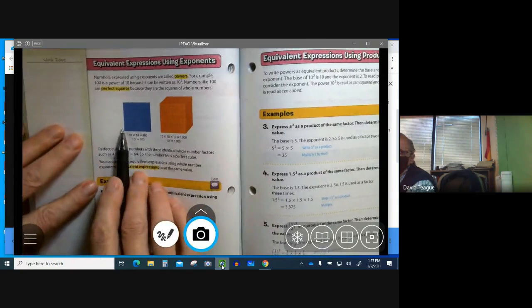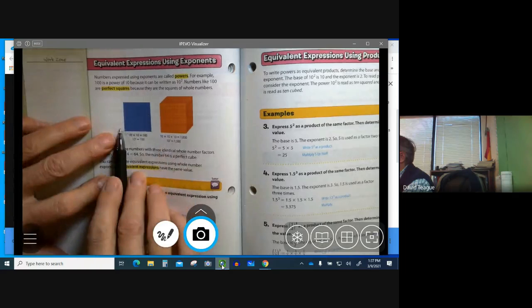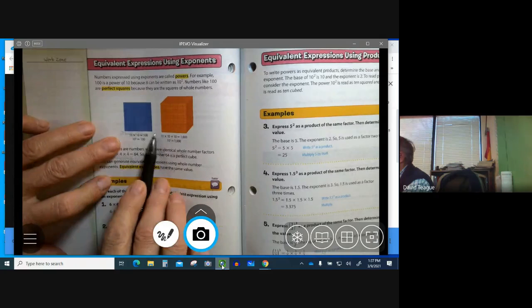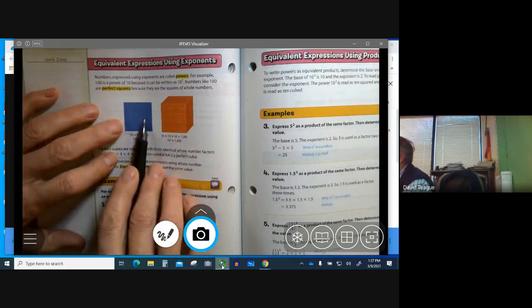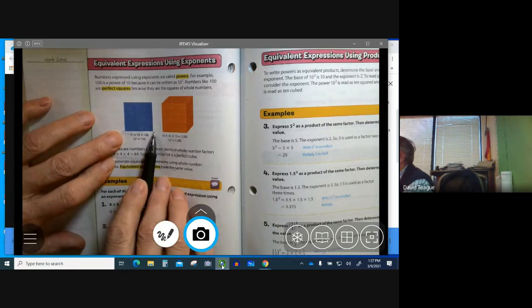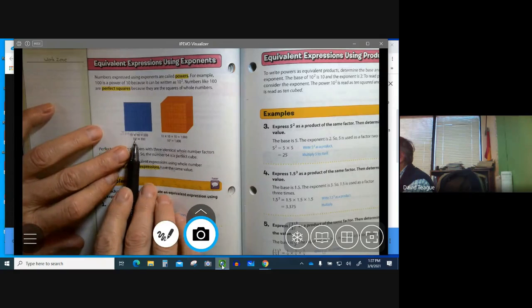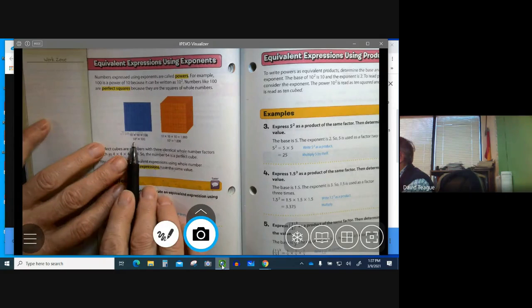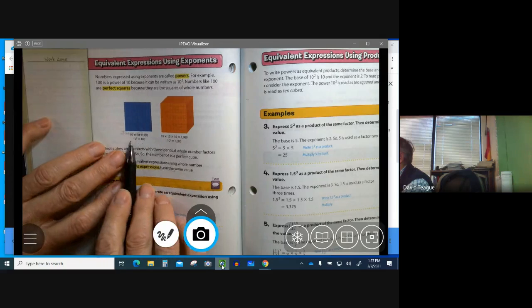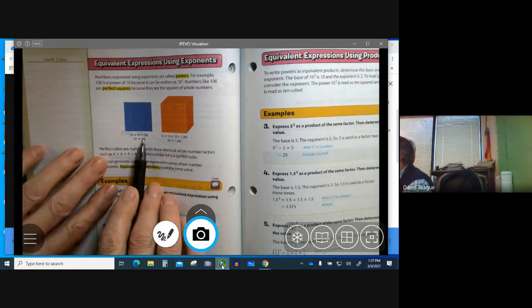So in this example here, I have 10 times 10, so there's 100 squares in this square. I can also write it as 10 squared, or 10 to the second power, which is equivalent to 10 times 10, or 100.